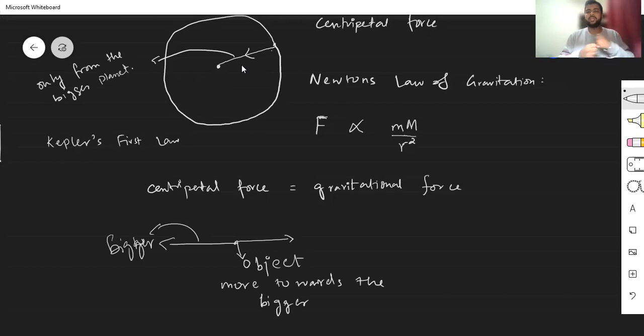Newton's third law of motion is there, but the reason it is moving in circles is because there's a resultant force acting towards the center of the bigger planet. I hope that's clear.